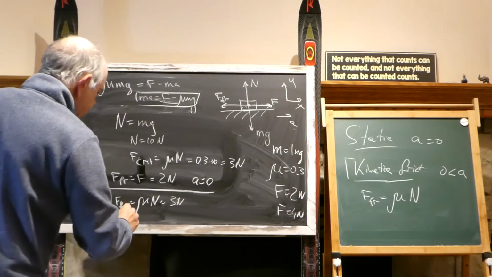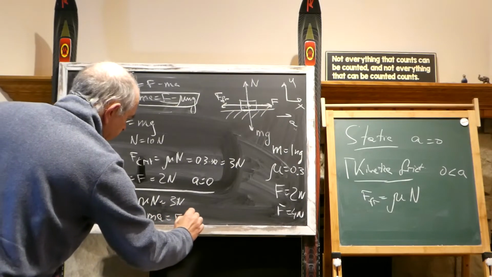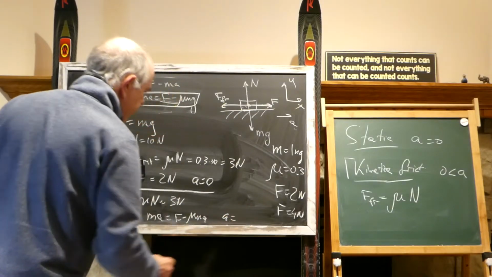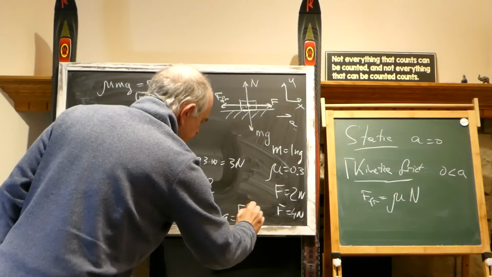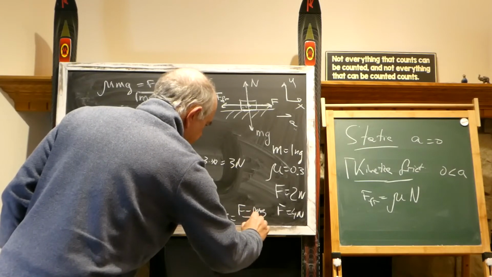And from this equation, ma equals F minus mu mg, so acceleration will be F minus mu mg divided by m.